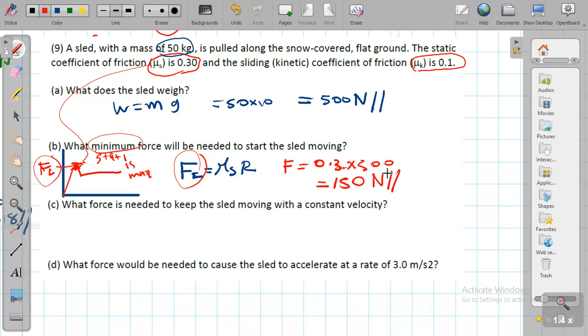Just ask me if anybody doesn't understand this well. Is there anybody who can't understand this?